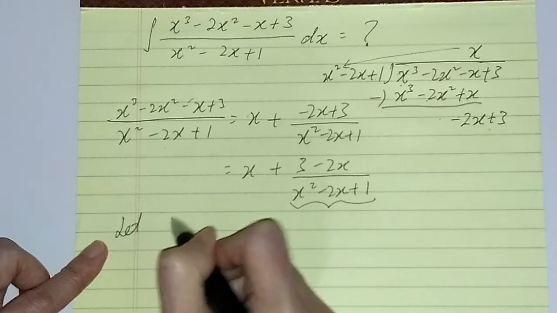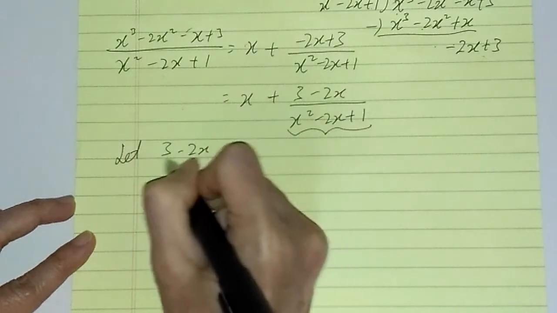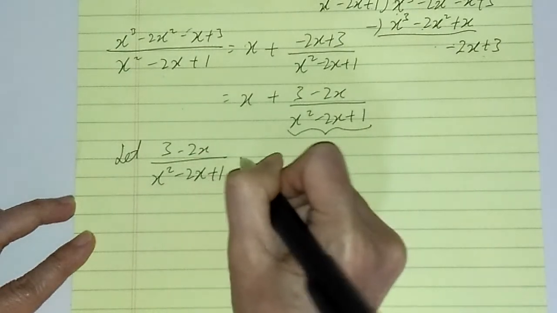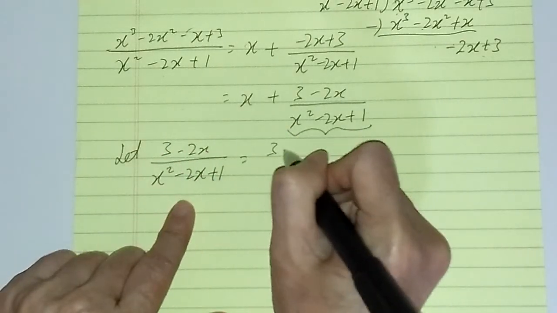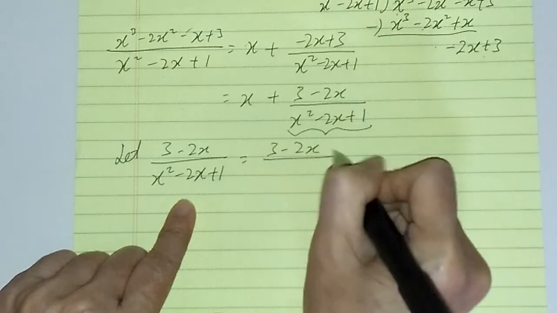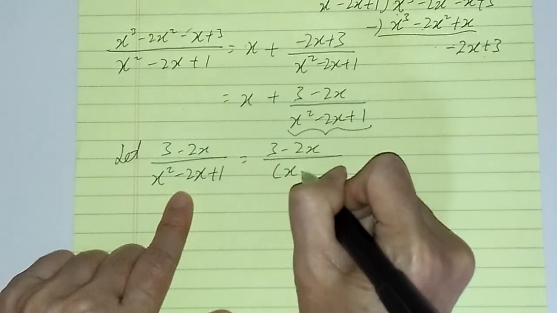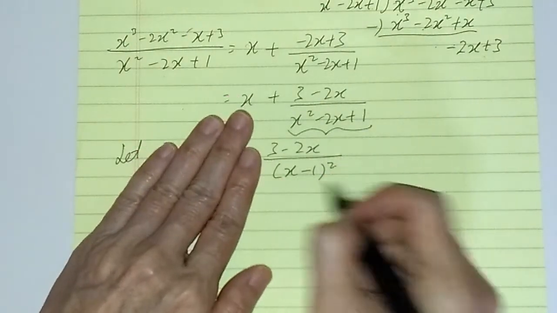Say let this equals to, okay, we may want to tidy up, simplify that. The denominator is what? x minus 1 bracket square. Okay, how to do this part?